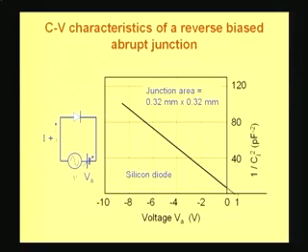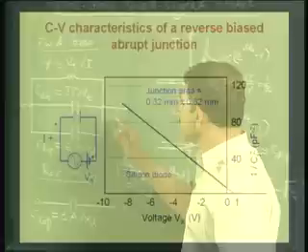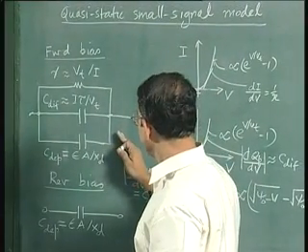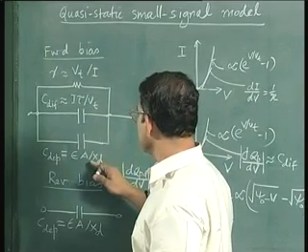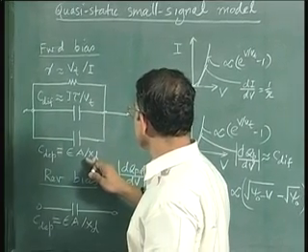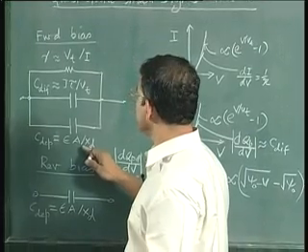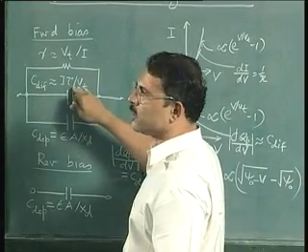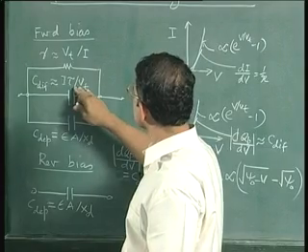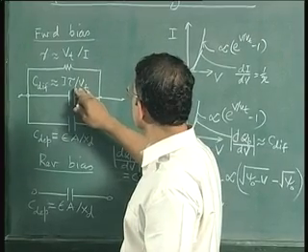Now for information, if you take the equivalent circuit for the forward bias here, since these capacitances are of the order of picofarads for areas of 0.32 mm by 0.32 mm that we have considered, for moderate forward bias the diffusion capacitance will be of the order of nanofarads, okay, and it can go up to microfarads for larger forward biases.